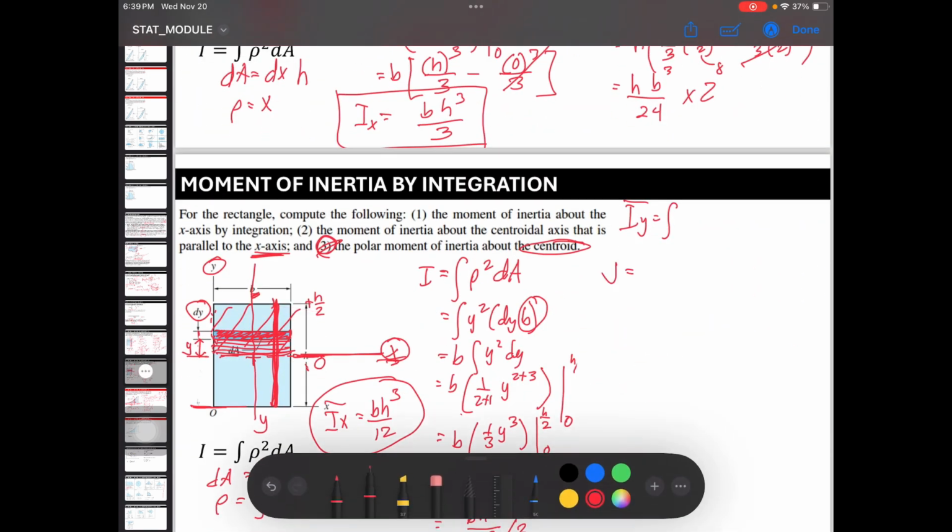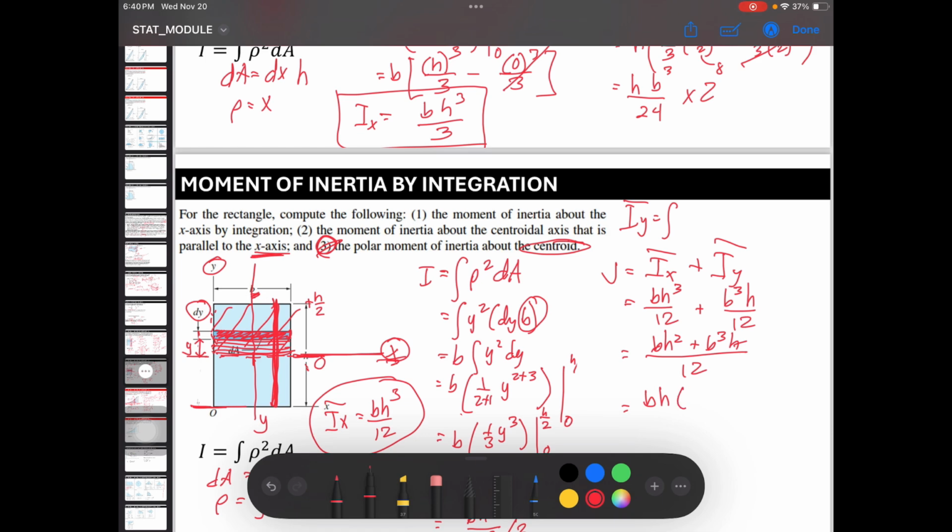To get J, what is J? Ix bar plus Iy bar. So, what is our Ix bar? BH3 over 12 plus B cube H over 12. Okay. Same denominator. And then, both have H, both have B. Let's take out one of each.